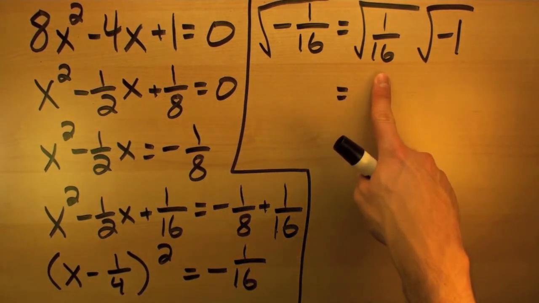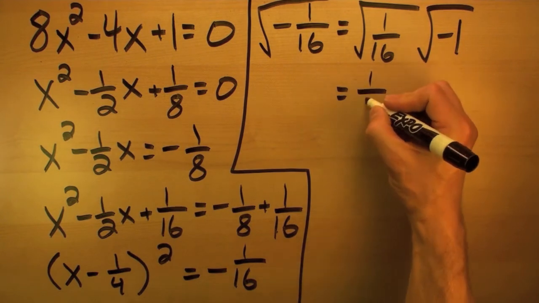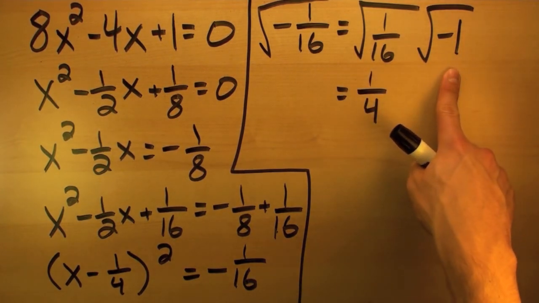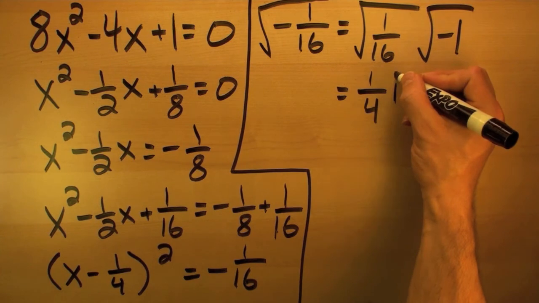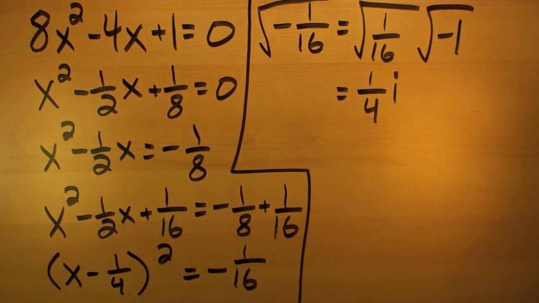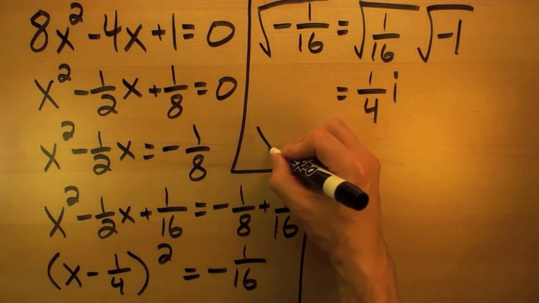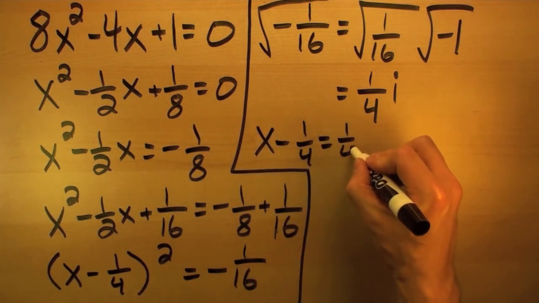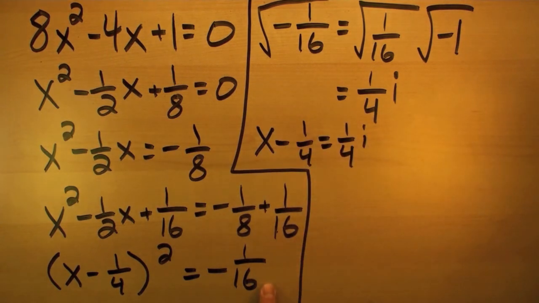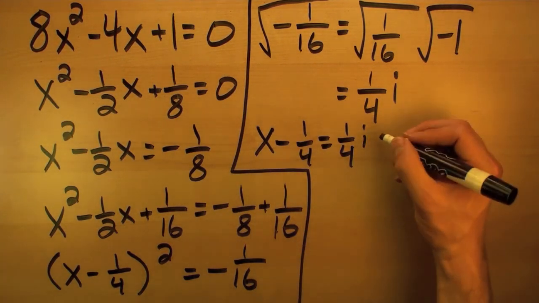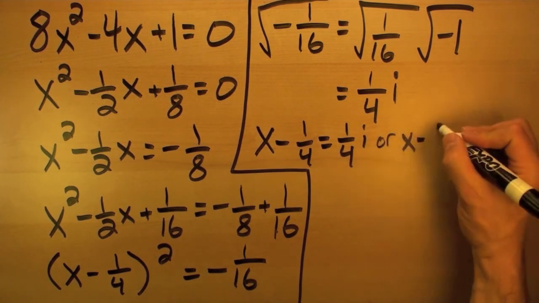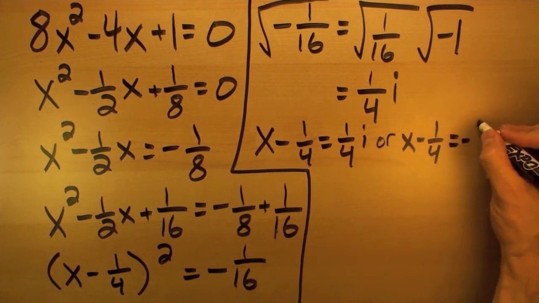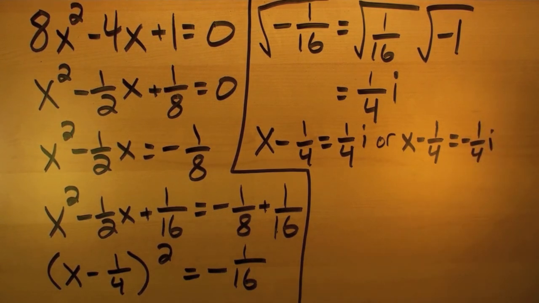Well, the square root of 1/16 is the number that we multiply by itself to get 1/16. Well, that would be 1/4. So 1/4, and the square root of negative 1 is i, so we get 1/4 i. So that means that x minus 1/4 is equal to 1/4 i, that is the square root of negative 1/16, or x minus 1/4 is equal to negative 1/4 i.